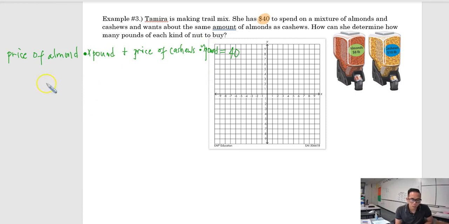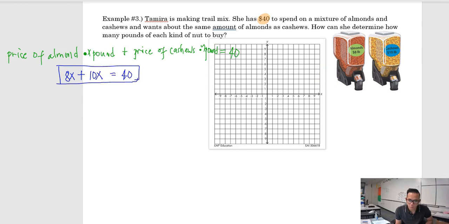How much is the price of the almond per pound? Each is $8. So I'll put 8x plus the price of the cashew, which is $10, and y per pound, is equal to $40. We are going to use this linear equation in standard form to graph.